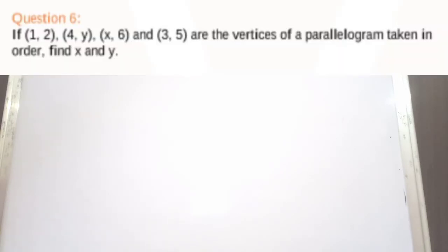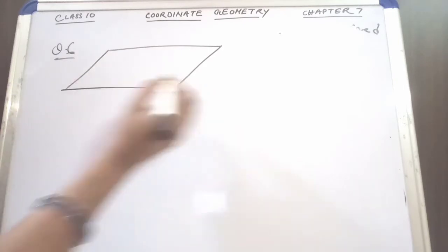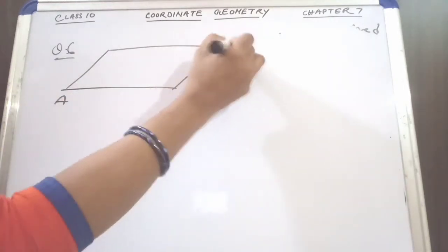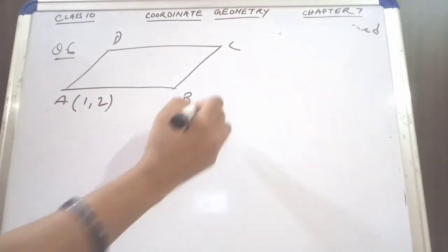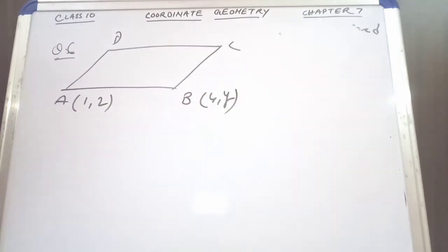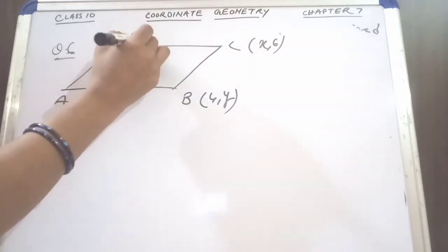Now next, question number 6. If 1 comma 2, 4 comma y, x comma 6 and 3 comma minus 5 are the vertices of a parallelogram taken in order, then find the value of x and y. So the given condition is question number 6. Suppose this is a parallelogram ABCD with coordinates 1 comma 2, 4 comma y, x comma 6 and 3 comma minus 5.